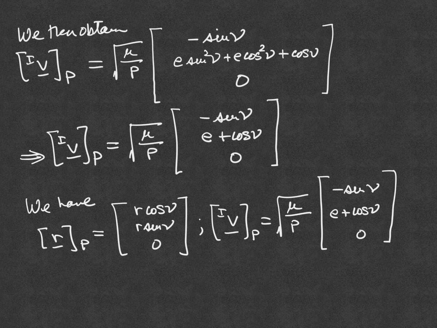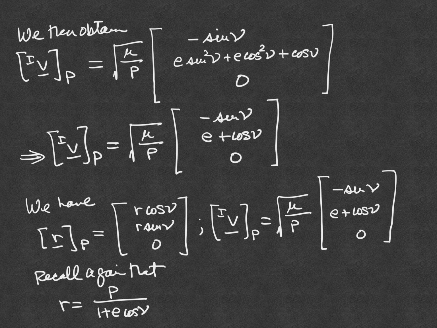Now you can see that we know everything in terms of the orbital elements. We should recall that r is equal to p over 1 plus e cosine of nu, but p is equal to a times 1 minus e squared. Once I know the orbital elements, I know a and e, so I know p. And because I know nu, I know r.